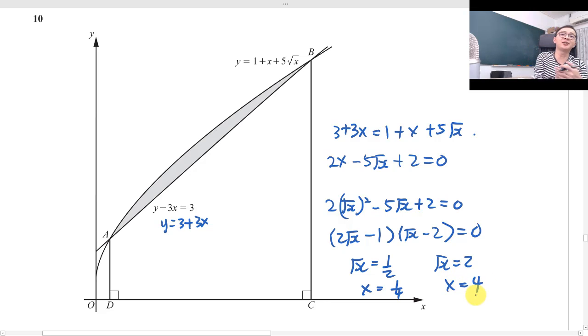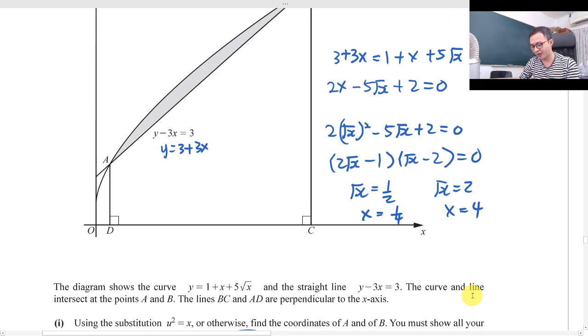But since the question asks about coordinates, we must find the y value as well. So I will find the y value over here. So y equals 3 plus 3 over 4, so y is basically 15 over 4. Therefore I already found my coordinate A. My coordinate A is 1 over 4 and 15 over 4.